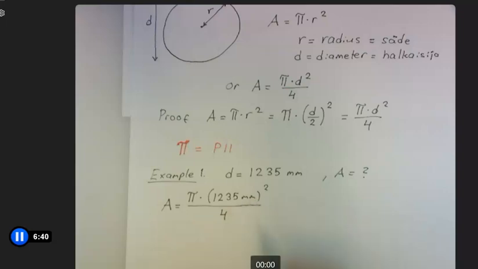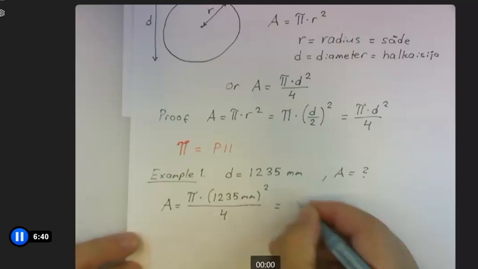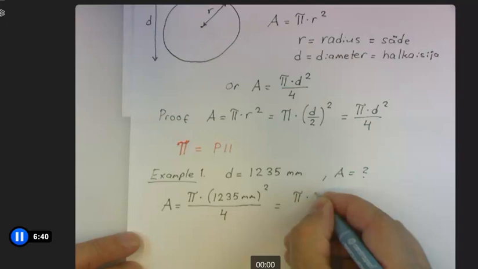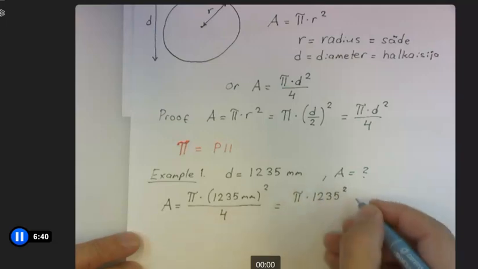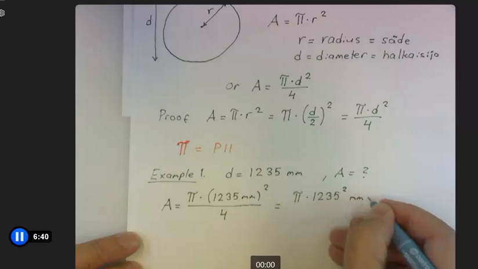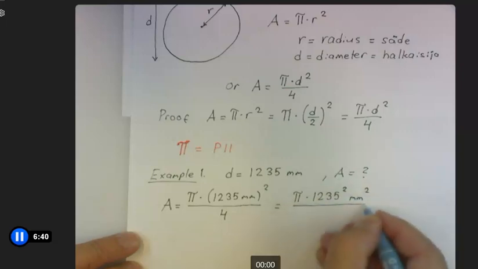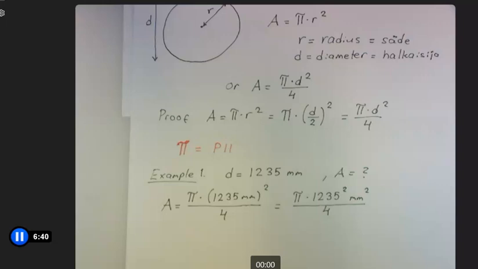So we raise to the power of 2 both the number and millimeters squared also. And let's see what this gives us.